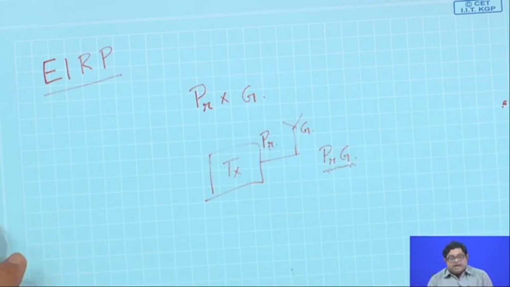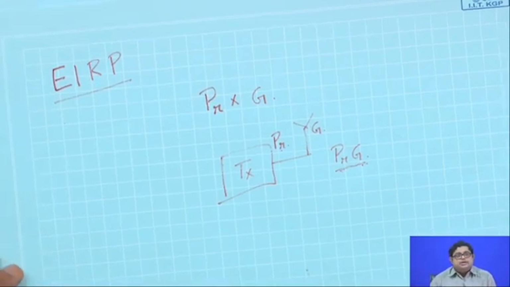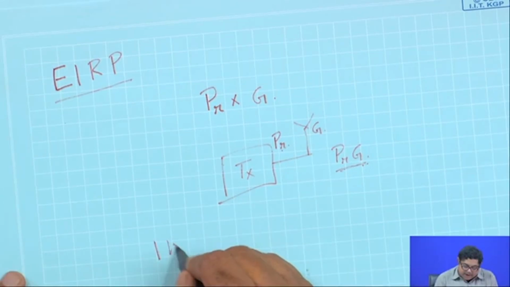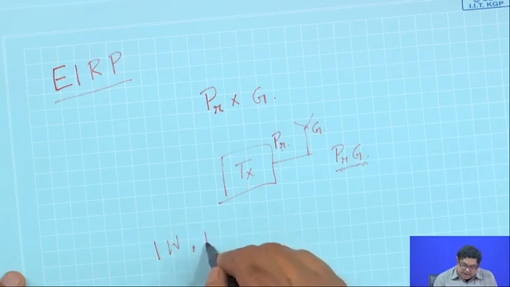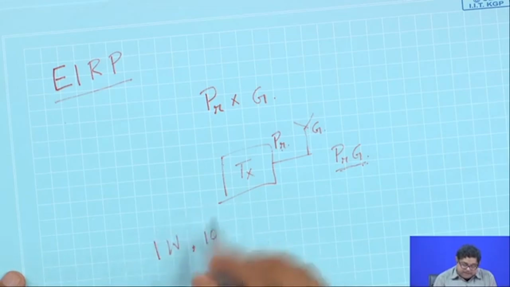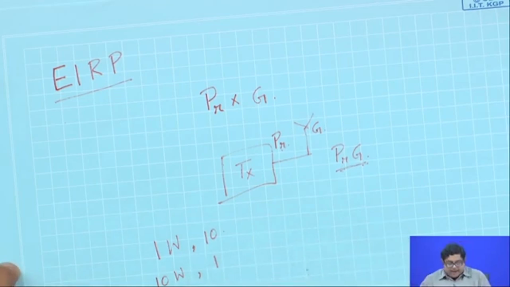Now, why do transmitter people use it? You will see that space scientists generally use this. Suppose I have an antenna with 1 watt power and gain of 10, and in another transmitter system I have 10 watt power but the gain of the antenna is 1.